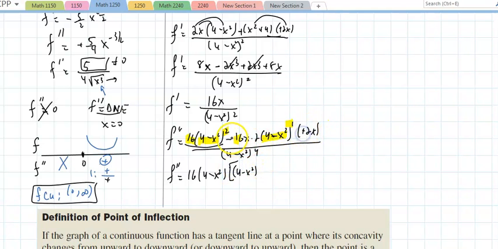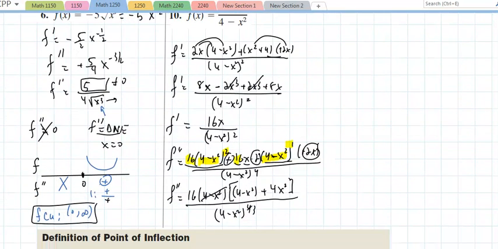And negative times a negative is a positive. I took the 16 and this. I'm left with 2x times 2, which is 4x, times x, and it's positive. So 2 times x times 2x, that is 4x squared, all over the denominator to the fourth. And I notice this cancels one of those.